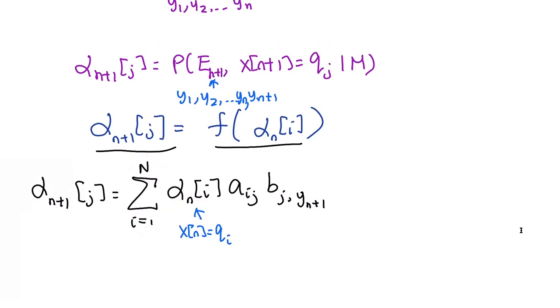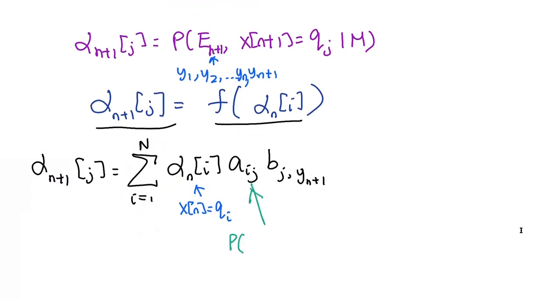So here, this is the state transition probability: the probability that my state is going to be state Qj given it was in state Qi, right?